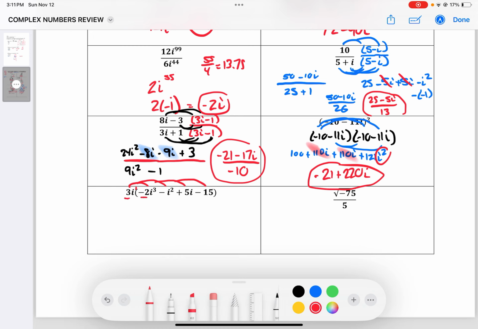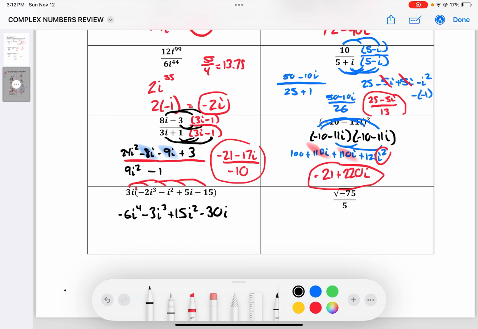So 3 times negative 2, negative 6. i to the first times i cubed is i to the fourth. 3 times negative 1 is negative 3. i to the first times i squared is i cubed. 3 times 5 is positive 15. i times i is i squared. 3 times negative 15 is negative 30. And only one term has an i, so it just sticks along for the ride.